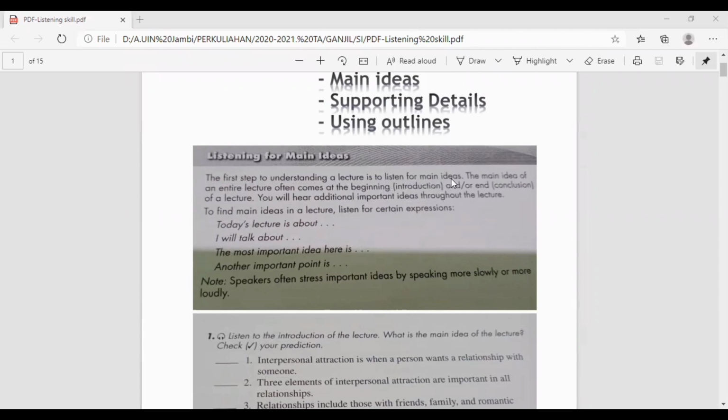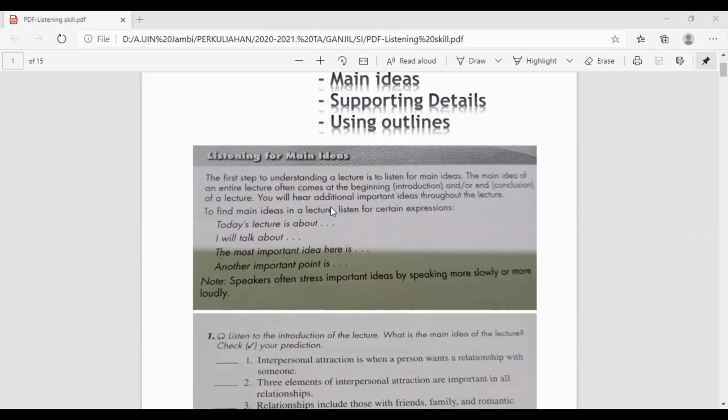So for the main idea, or topic, or theme, the main idea of an entire lecture often comes at the beginning, in the introduction, or at the end, in the conclusion of a lecture.